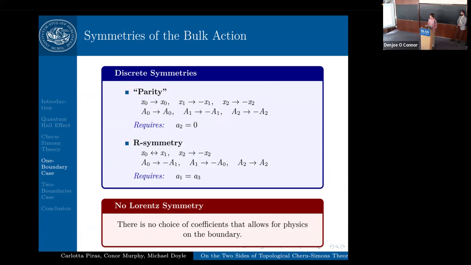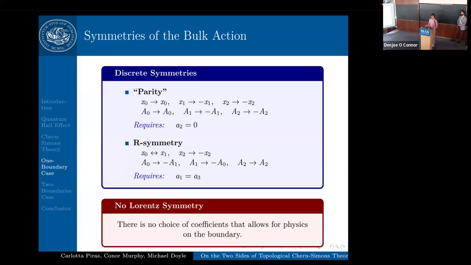From here, we can have a look at some symmetries of our bulk action. We have two discrete symmetries that we want to have a look at. Firstly is parity. Now, parity is in quotation marks here because it does correspond to a rotation by pi around the x0 axis. And if we enforce parity on our Chern-Simons theory, we do obtain that this A2 term must be equal to 0.